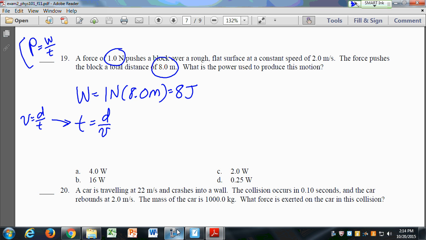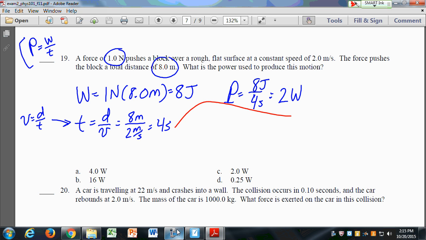Time is distance over velocity. The distance is 8 meters, velocity is 2 meters per second, so that's 4 seconds. So in this case, my object has a power equal to 8 joules over 4 seconds, which is 2 watts.